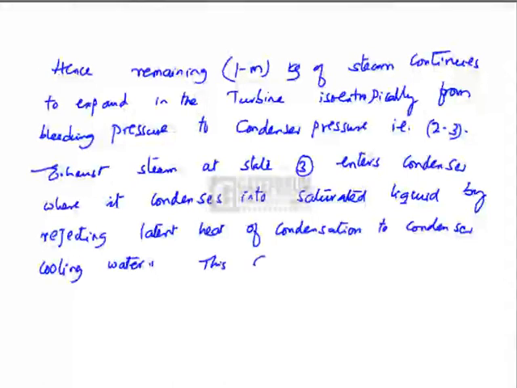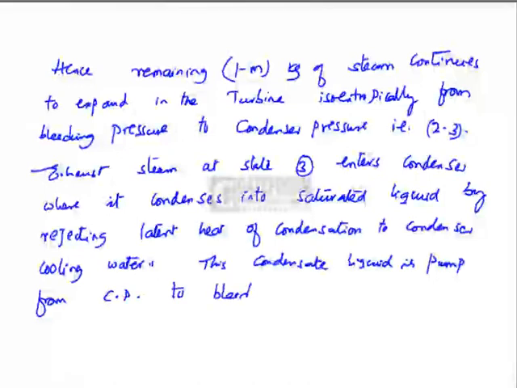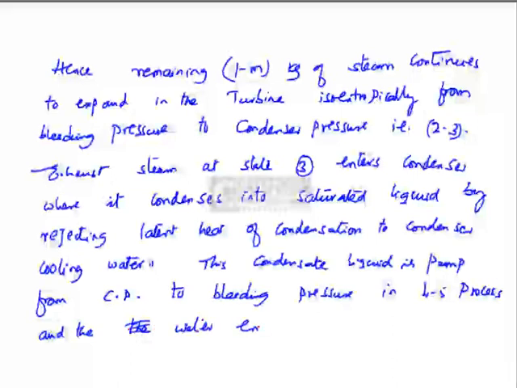This condensate liquid is pumped from condenser pressure Cp to bleeding pressure in 4 to 5 process, isoentropic pumping, and then the water enters feed water heater.